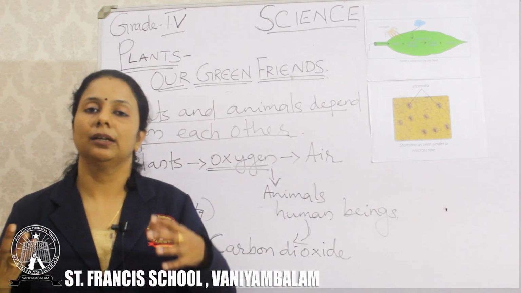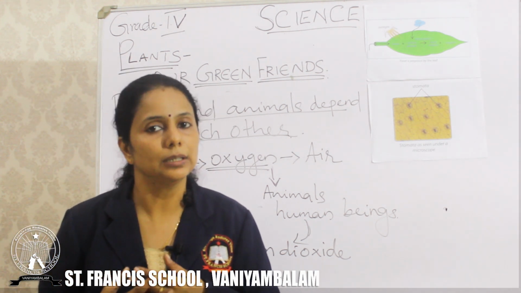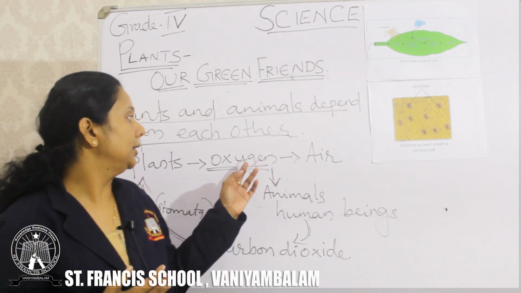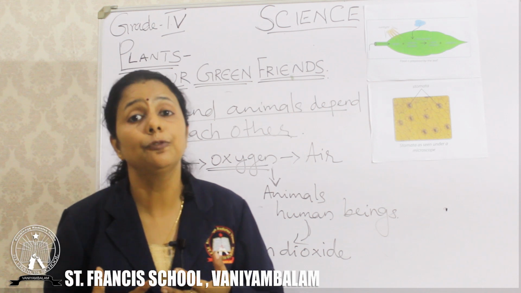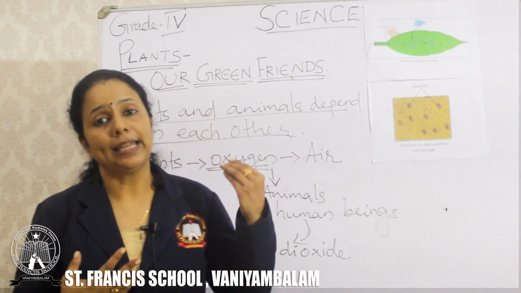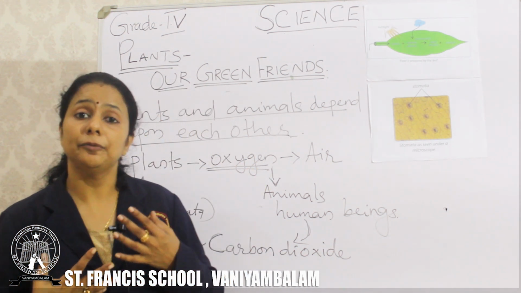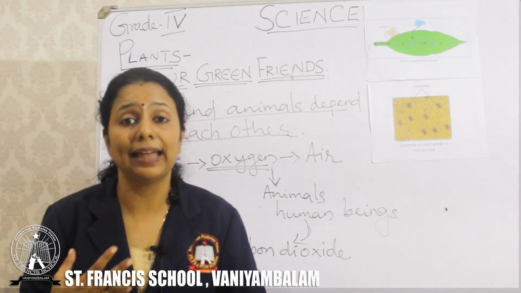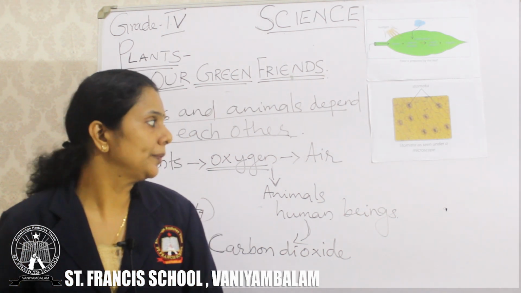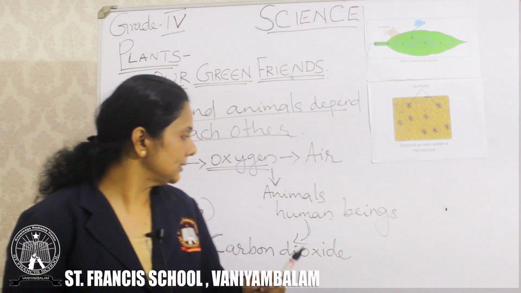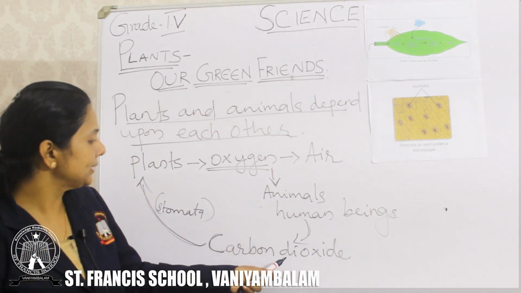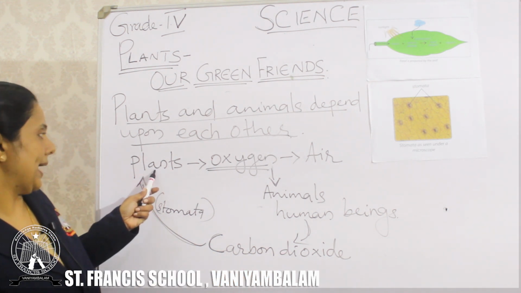Without plants, we cannot survive on earth. We need oxygen, which is produced by photosynthesis, and we need food also, right? The plants produce food, and that food we eat. So without plants we cannot exist on the earth. Similarly, the carbon dioxide is needed by plants.